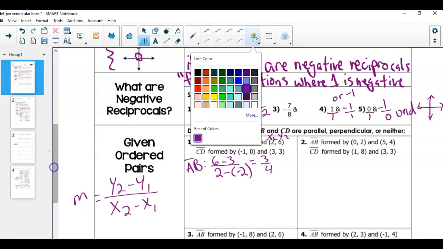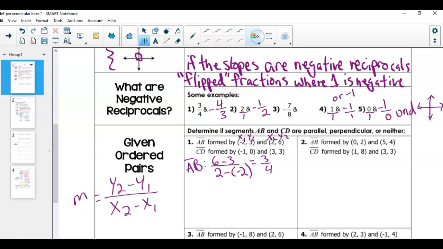Okay, and then I'm going to go ahead and find my other slope, my slope of CD, and label. So that's going to be 3 minus 0 over 3 minus a negative 1. So I have 3 over 4.